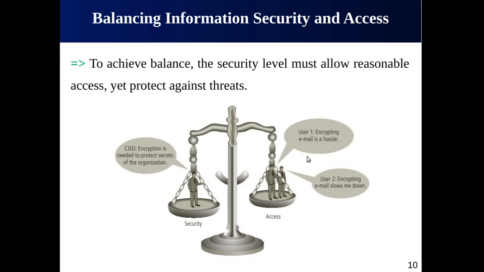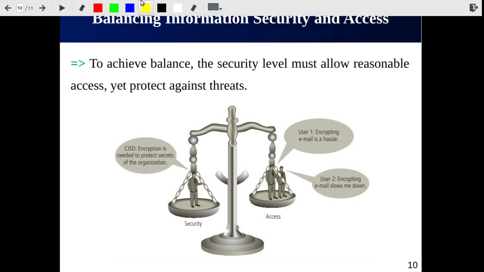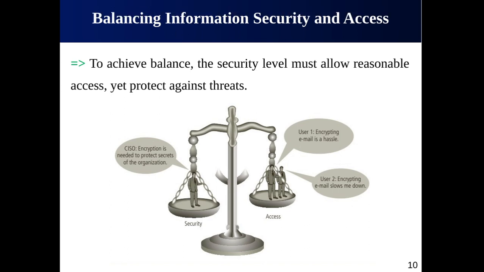What will happen? The user will face delays in accessing their emails, for example. Okay, so you have to keep a balance. You need the system to be reliable, available, and provide quick responses to the users, and on the other side, security should not be compromised. So we always need a balance between information security and access to the information.